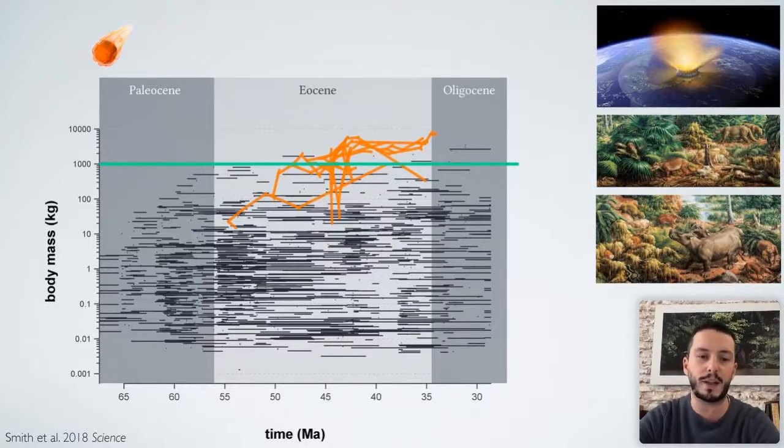And we can see that starting from weights below 10 kilos, in just 12, 13 million years, they multiply their mass by 300 times. So this rendered that two thirds of brontotheres actually weighed over a ton in just a small span of time.